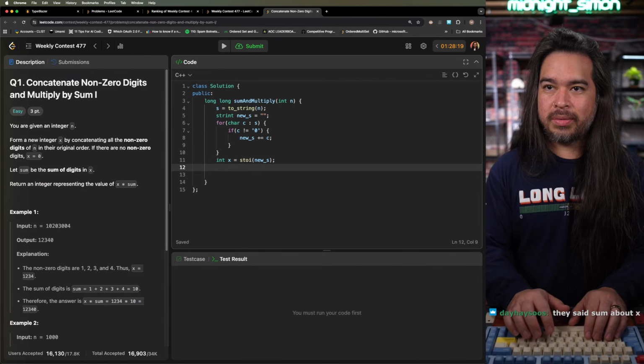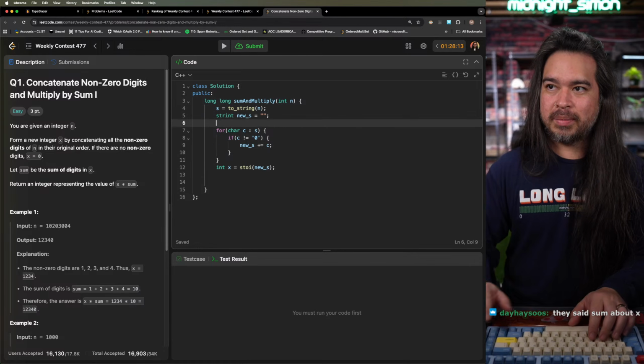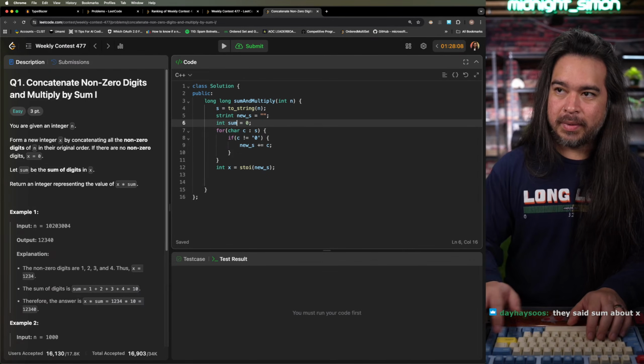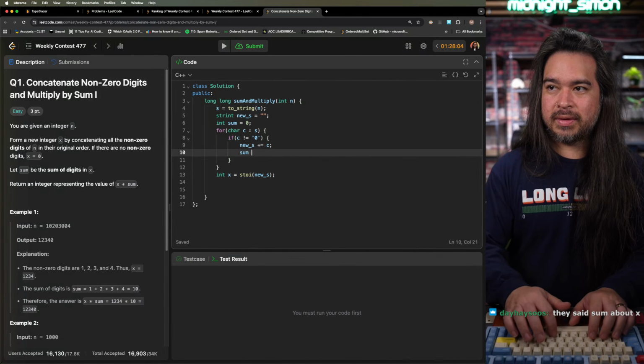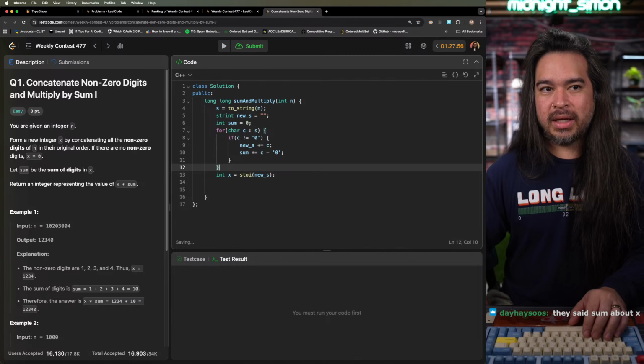And now we have to sum all the digits in x. Maybe I can just do that here. This is the sum. So I just add, plus equal to c minus 0, I guess. That gives you the digit.